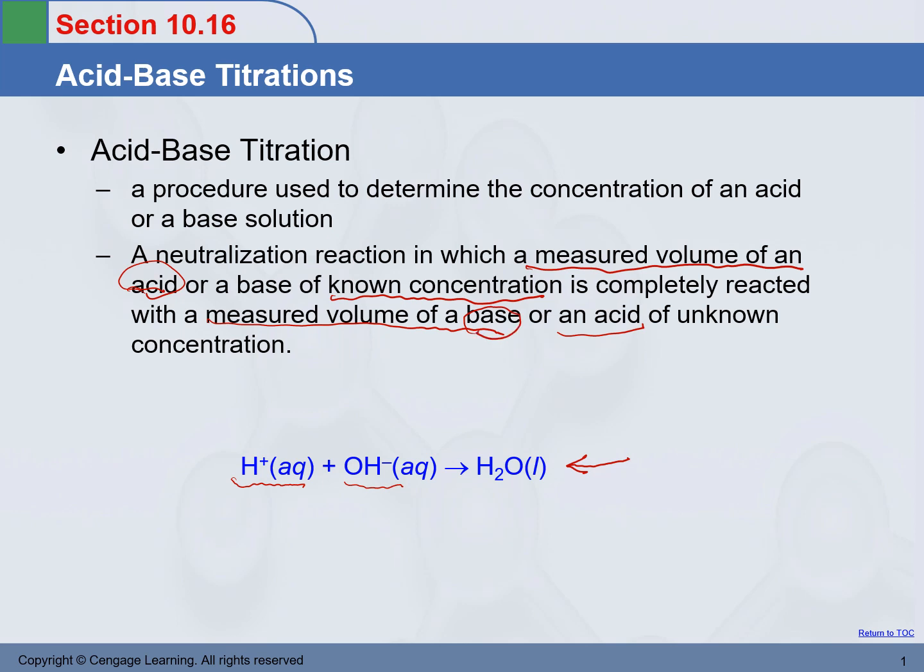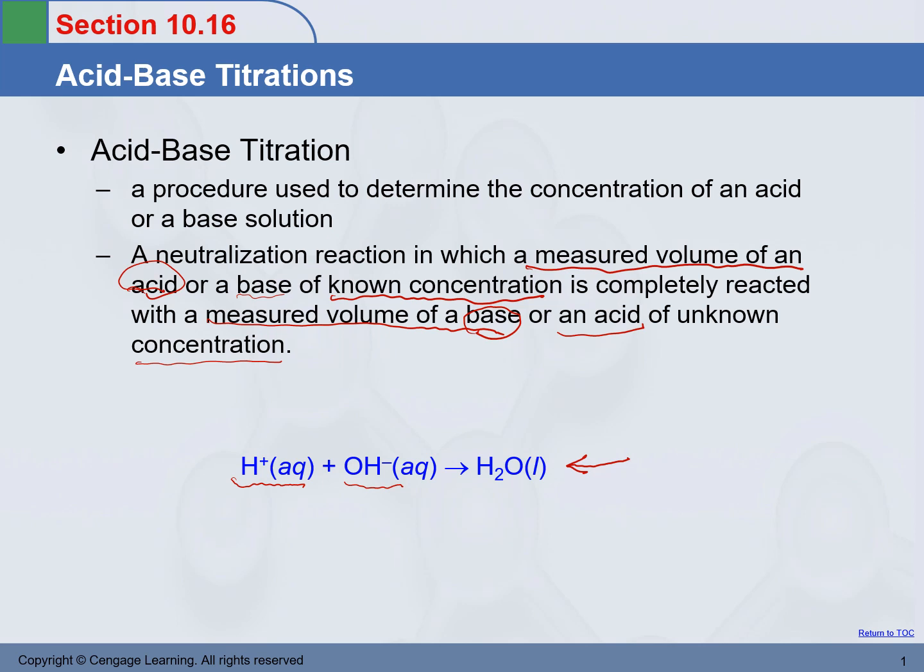If you start with a base here, it's going to be an acid of unknown concentration. How can that be used to decide the unknown concentration of a base or acid? Well, let's move on with an example here.